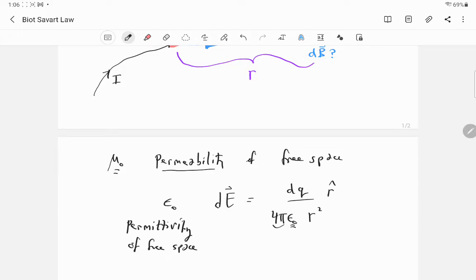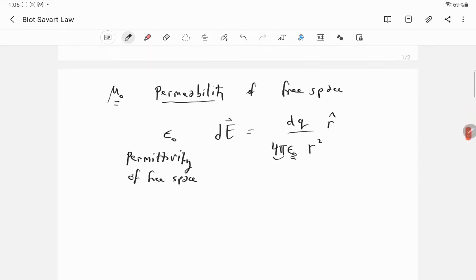Okay, so mu naught is called the permeability of free space, and mu naught has been determined to have the value of 4 pi. So there's another 4 pi, it's interesting, times 10 to the minus 7 Teslas meters per amp. Remember that, so here is the Tesla, and then there's a distance and a current.